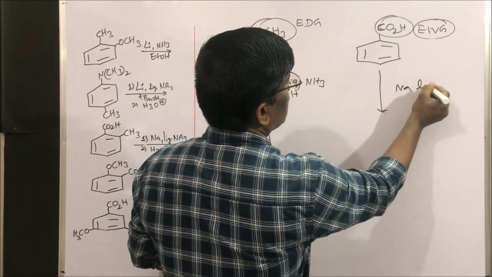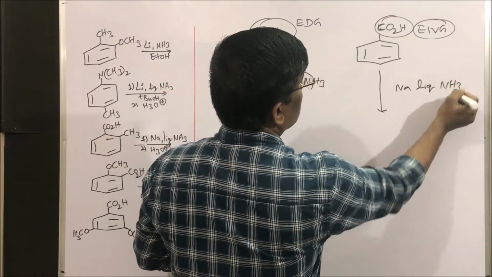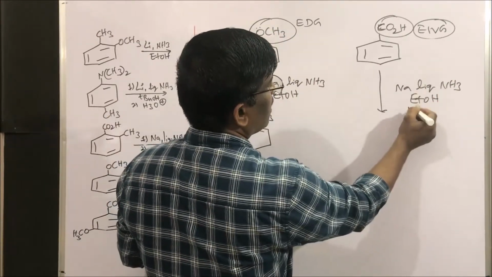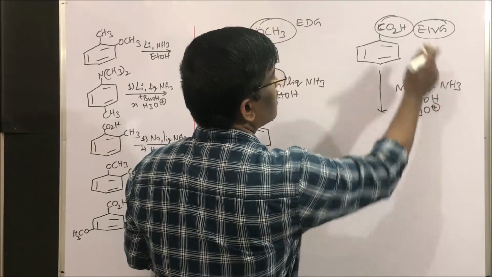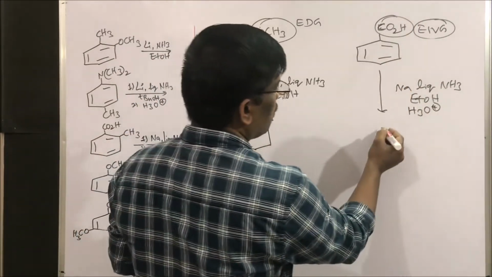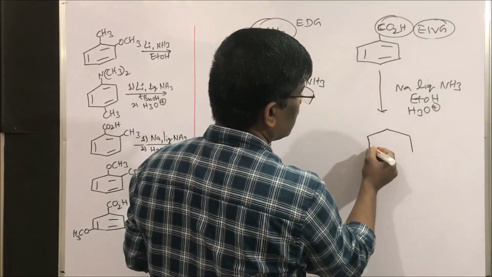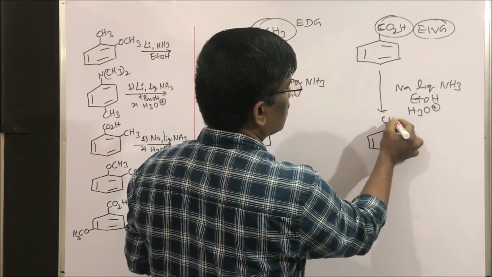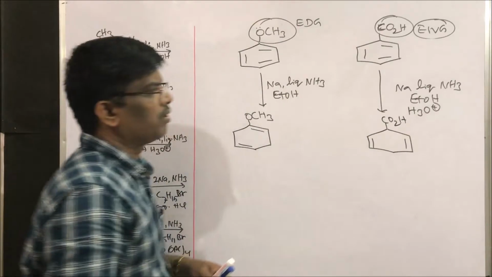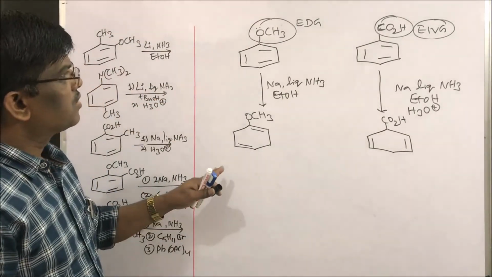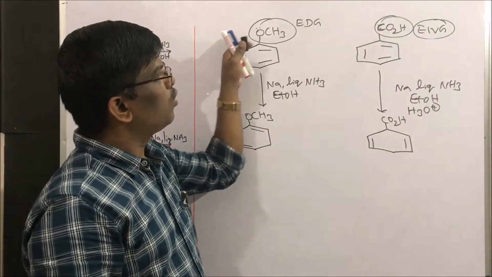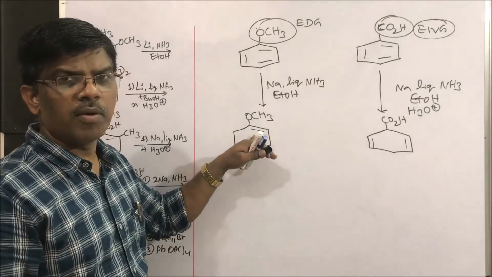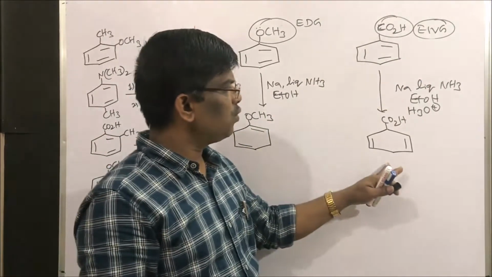sodium liquid ammonia in ethanol followed by acid hydrolysis, since the acid group is there, so we are going to get this compound. Yes, students. So the electron donating group and electron withdrawing group behave differently. The orientation of these double bonds is different in these two compounds.